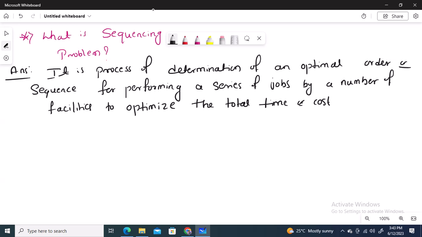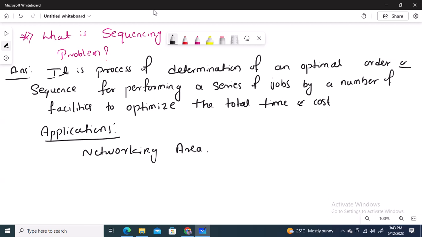Now, what is the importance, and where is it used? What are the applications of sequencing models? Sequencing models are mainly used in networking areas. Remember, this is a real life application I'm telling. Sequencing models are very important in networking fields.